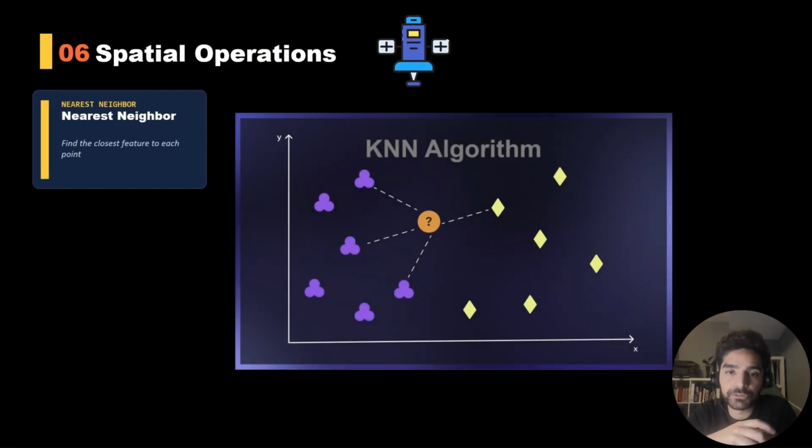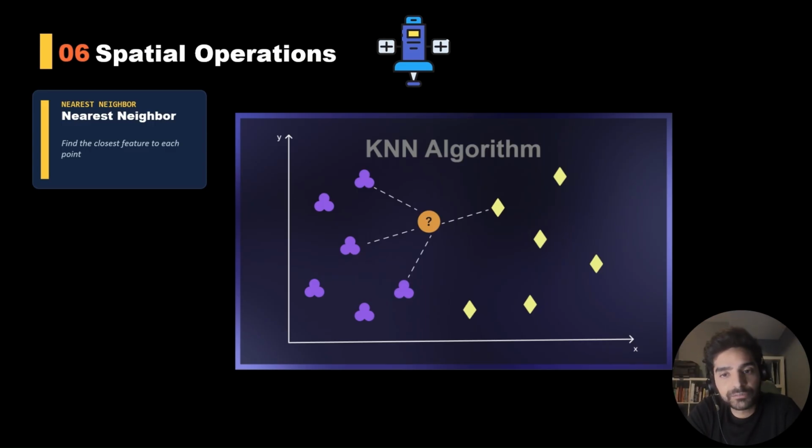The next operation is called nearest neighbor. Nearest neighbor finds the closest feature to each input feature. For example, for each accident location, we can ask what is the nearest hospital, or for each customer, what is the nearest store, or for each building, what is the nearest fire hydrant.